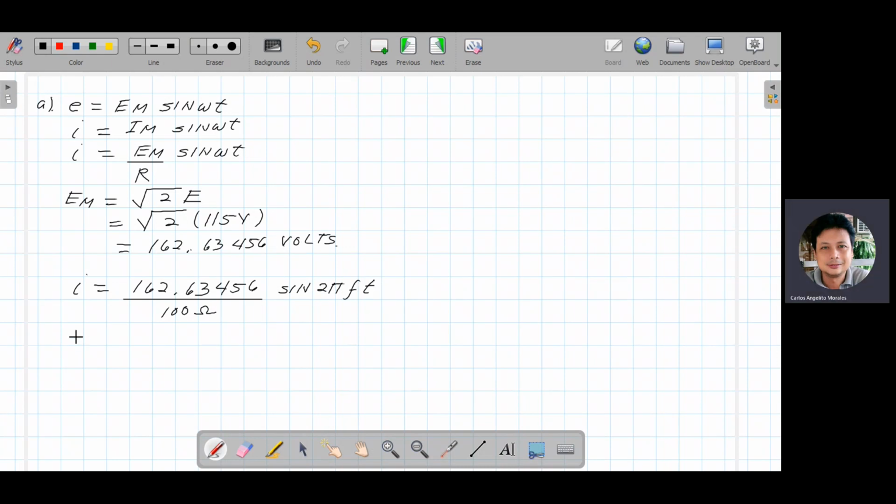So I is equal to 1.62635 sine 376.99112 t.